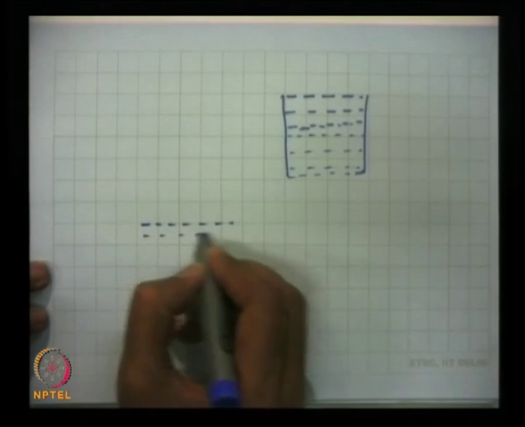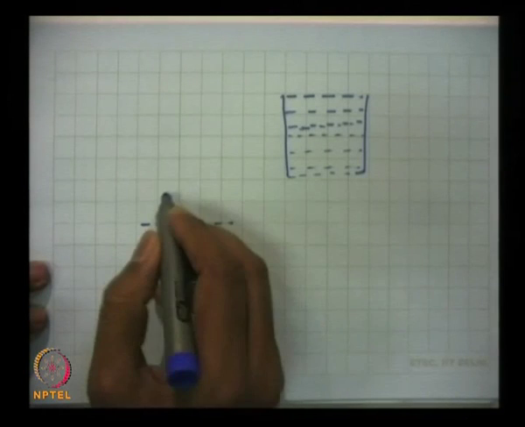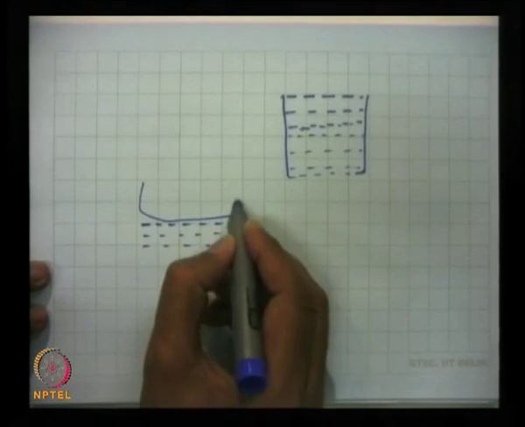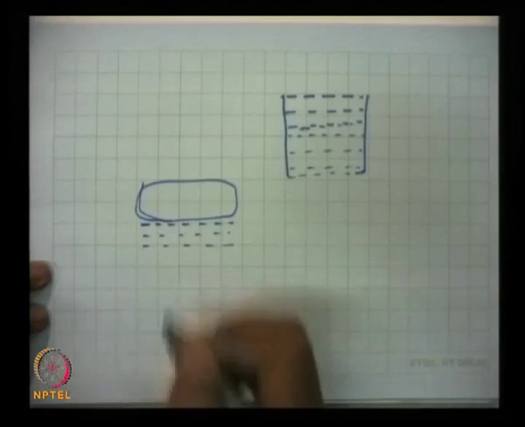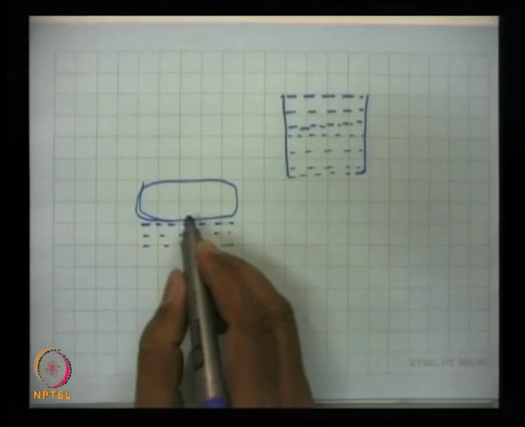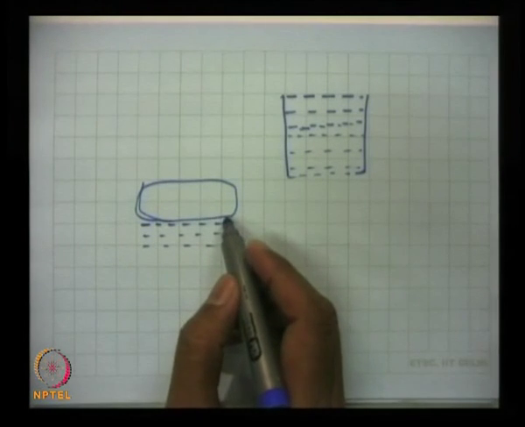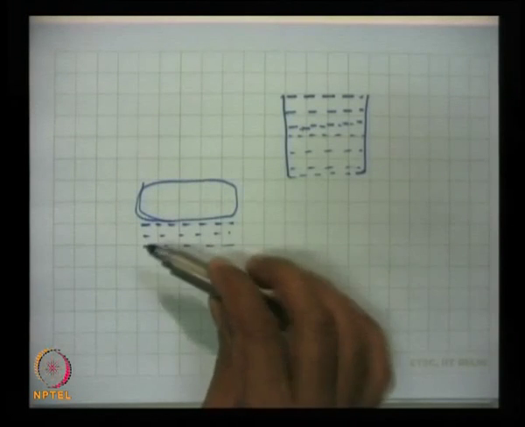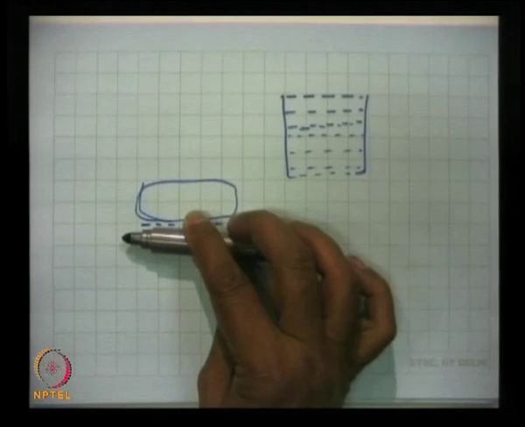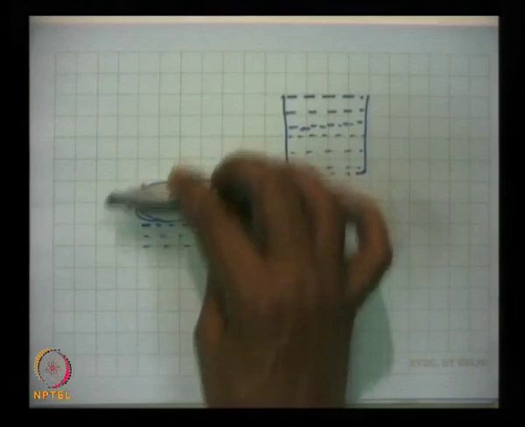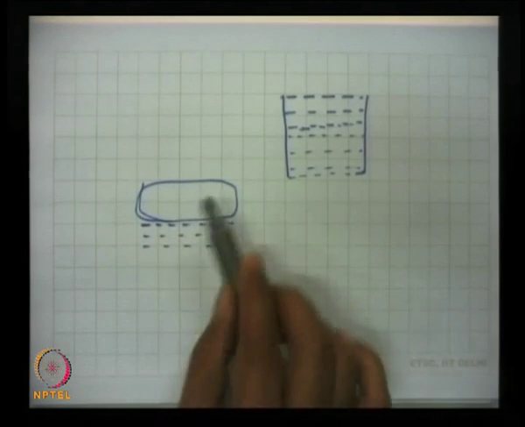So this is a lighter fluid and this is a heavier fluid filling in this region. In principle, you can have an equilibrium when the upward force by the liquid balances the gravitational pull downward on the heavier liquid here.